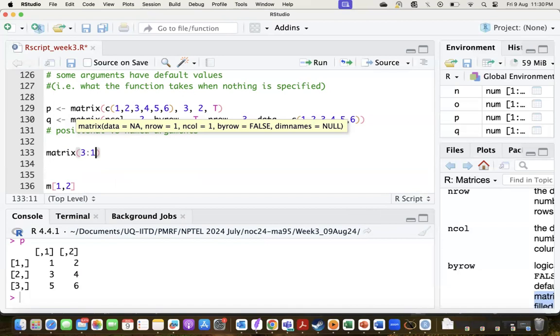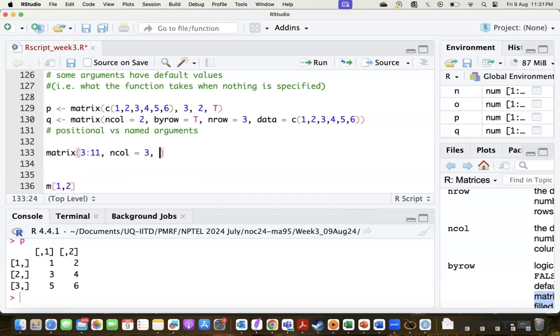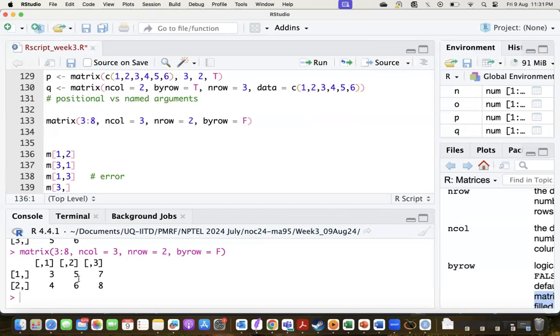Maybe you can also do 3, 4, 5, 6, 7, 8, 9, 10, 11. You could have written just this, but since I'm not sure whether ncol comes first or nrow, I can do nrow is 2, and then byrow is false, let's say. So I can do this.